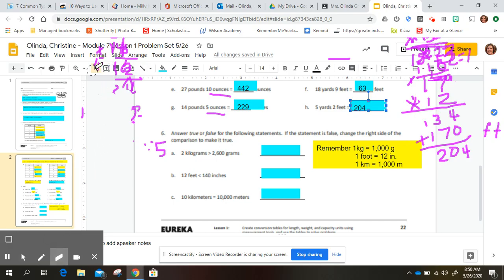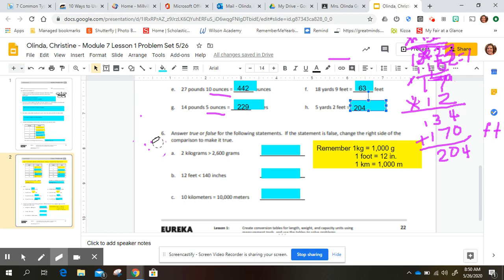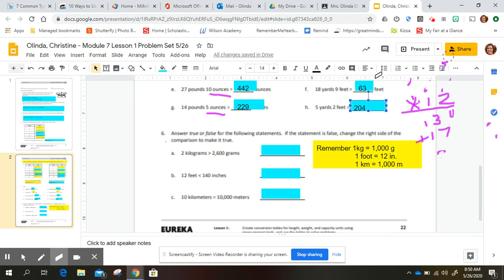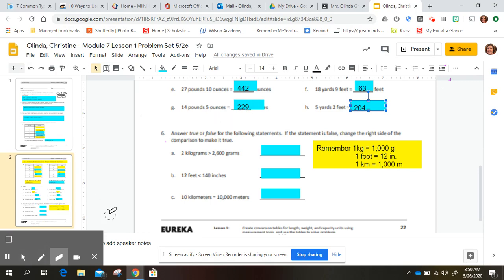All right, last one, 6. It says, answer true or false for the following statements. If the statement is false, change the right side of the comparison to make it true. Okay, and so we have to determine if these are true or false, and then if they're not, we will need to change them. So 2 kilograms is greater than 2,600 grams.